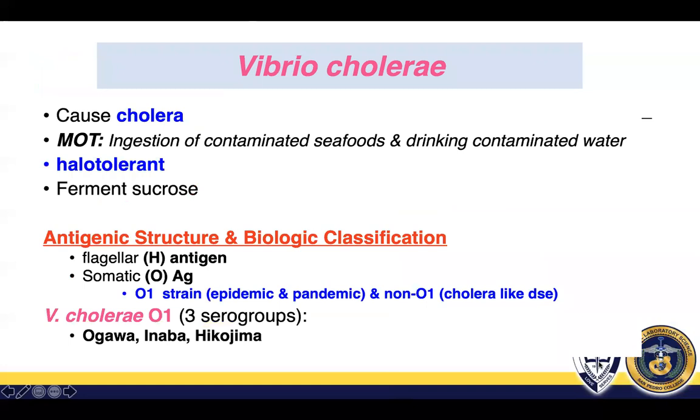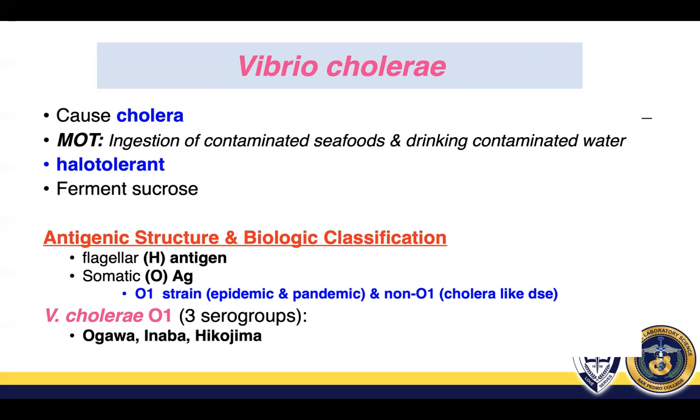We'll only be discussing the clinically significant species for this group. We have Vibrio cholerae, the representative organism. It is the causative agent of cholera. Cholera is a gastrointestinal tract infection characterized by severe diarrhea.